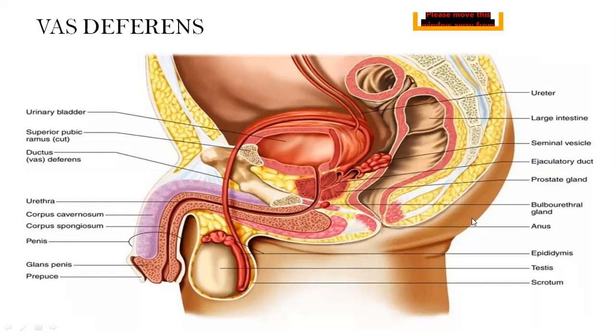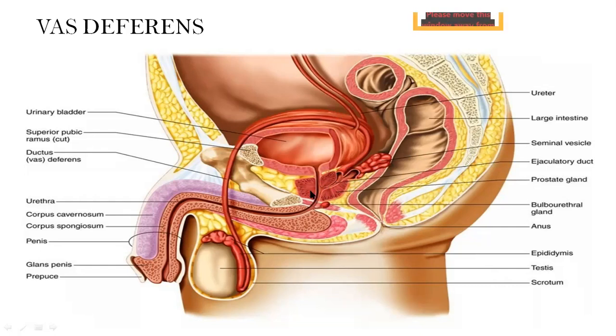In the sagittal section of the male pelvis, just behind the pubic bone you find the urinary bladder. The vas deferens goes behind the urinary bladder and joins with the duct of the seminal vesicle to form the ejaculatory duct, which opens in the prostatic urethra.